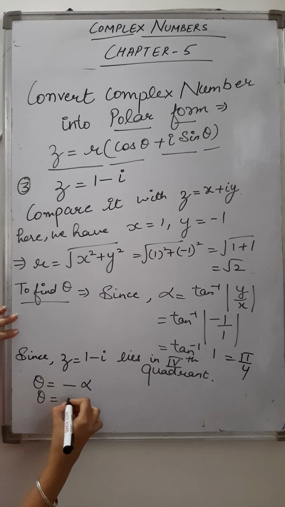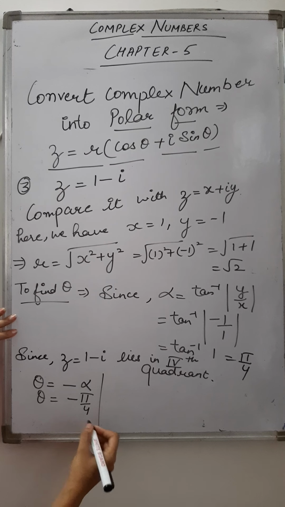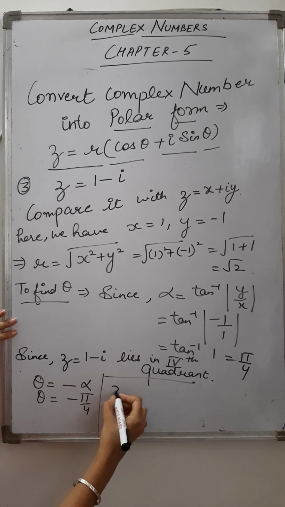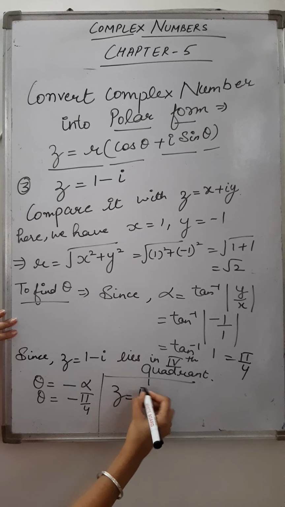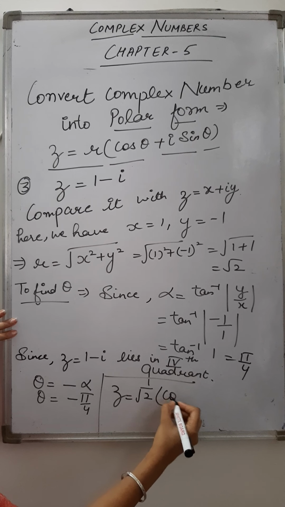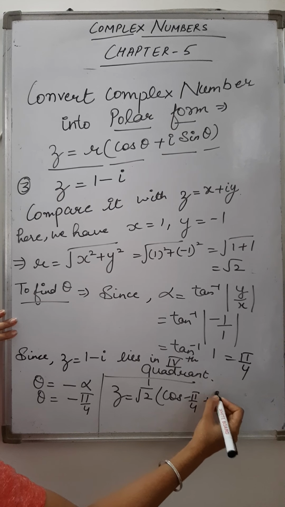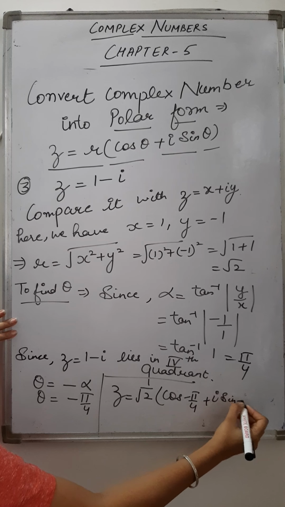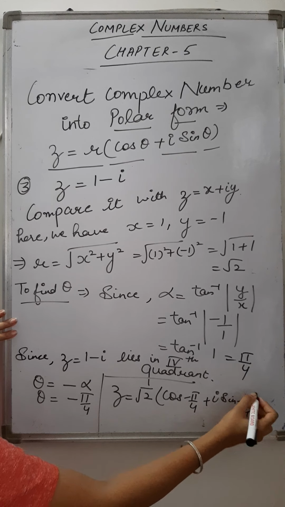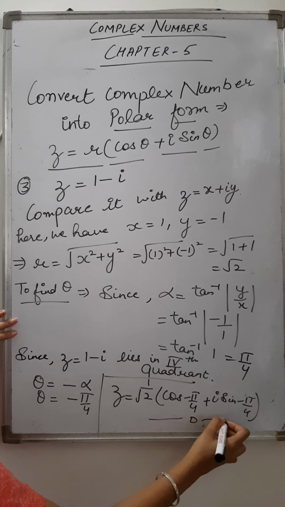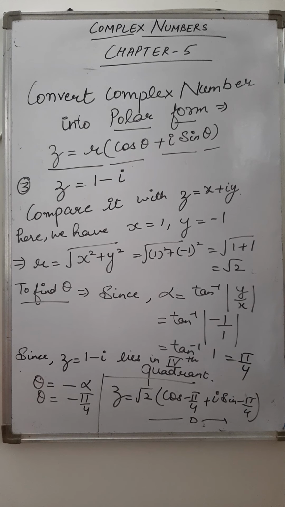This implies theta is equal to minus pi by 4, and your complex number is z is equal to r, which is under root 2, cos of minus pi by 4 plus iota sin of minus pi by 4. Here is your required complex number. Now start the next question.